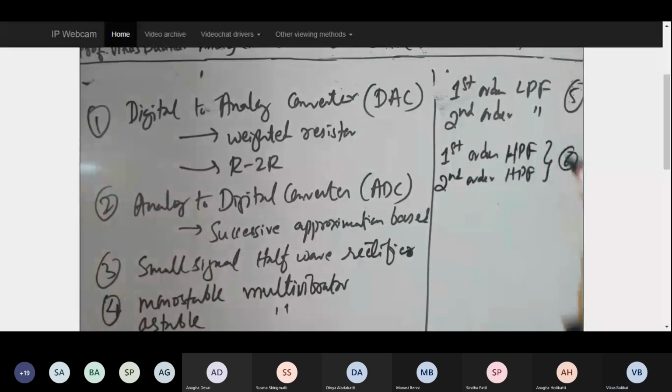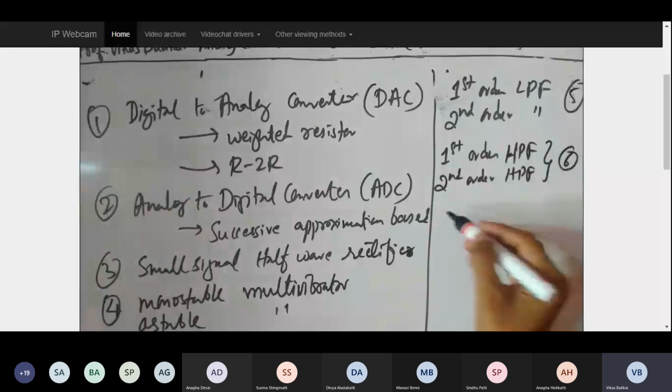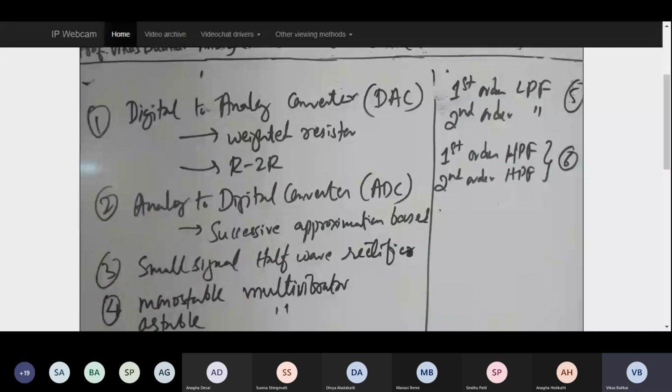And then we tried to understand the band pass filter. Band pass, we didn't have a concept of first order and second order though, but it was purely a band pass filter, wherein we tried to understand the wide band and narrow band filters.